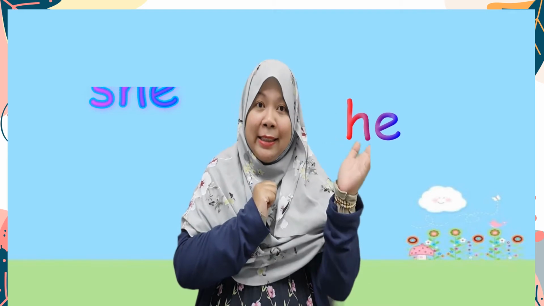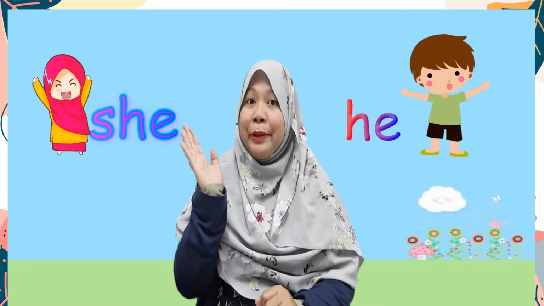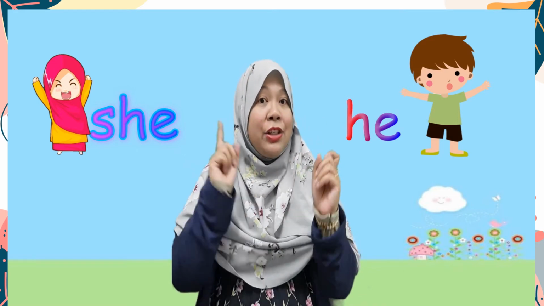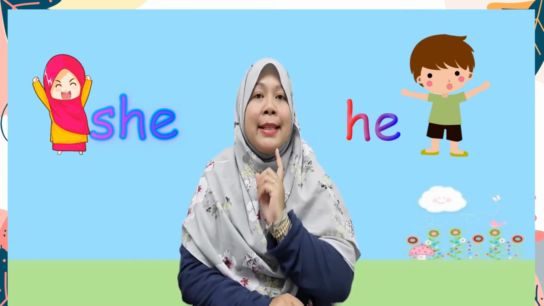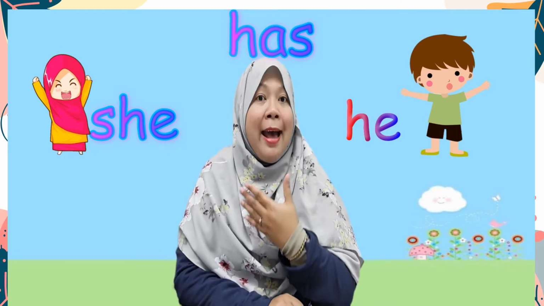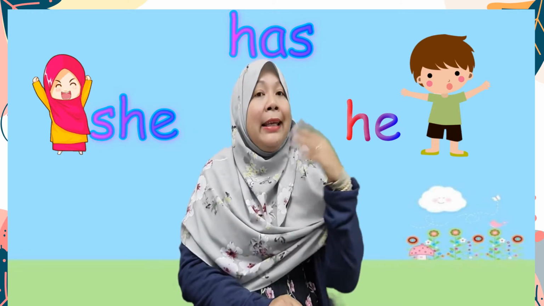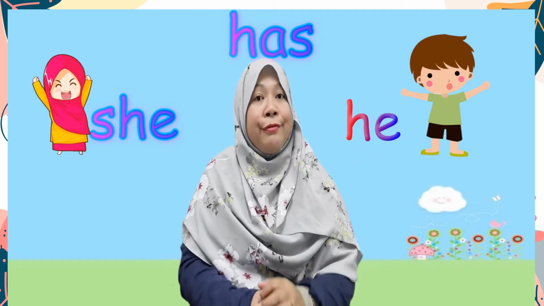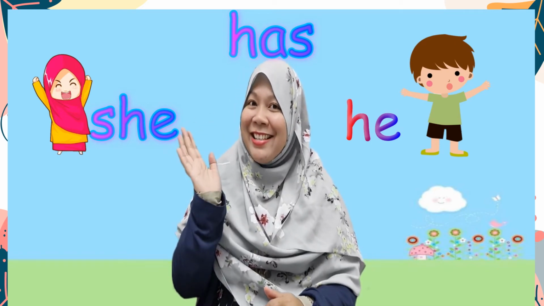For he and she, he dia lelaki, she dia perempuan. So he and she ada seorang. That one we call singular. So when we want to use dia ada, for boys, for lelaki we said he has, and for girls we said she has.